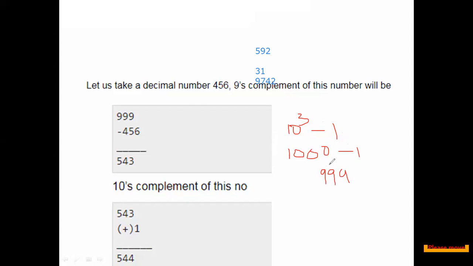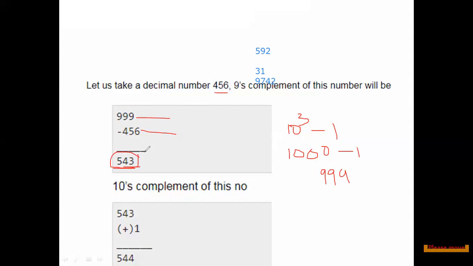Or simply, how can we remember it? Each digit is subtracted from 9. Look here, 999 minus 456. 9 minus 6 is 3. 9 minus 5 is 4. 9 minus 4 is 5. That means 543 is the 9's complement for the given number 456.